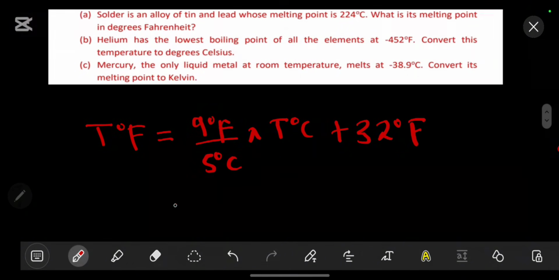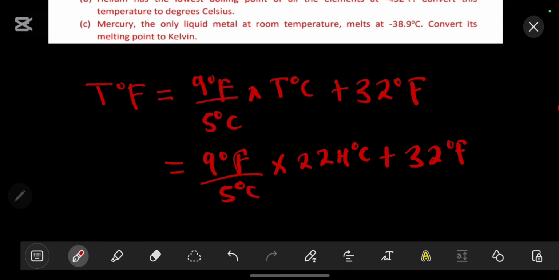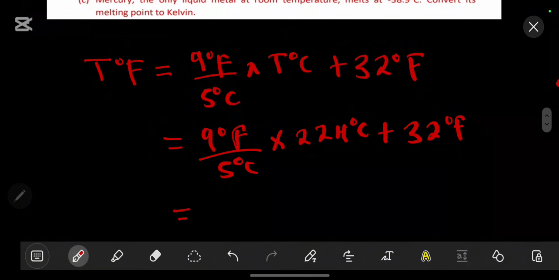So we are going to have our 9 degrees Fahrenheit over our 5 degrees Celsius, then multiply this by the temperature in degrees Celsius, which is 224 degrees Celsius, then add plus our 32 degrees Fahrenheit. 9 divided by 5 will give us 1.8.